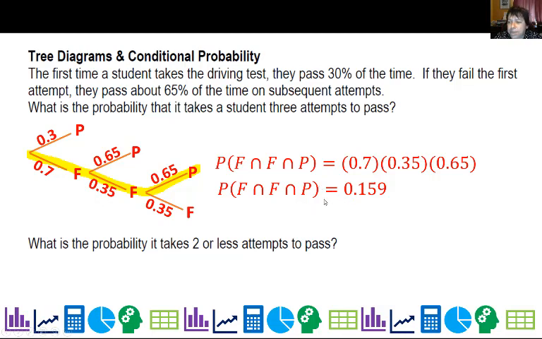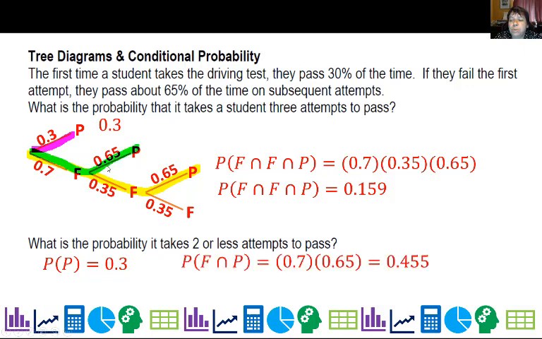What is the probability it takes 2 or less attempts to pass? Well, you could be tempted to say, oh, 1 minus 0.159, but actually the kid could have failed a 3rd time. So it's easier to just look at the case of 2 or less attempts. So it's either 1 attempt, which is this one, with probability of 0.3, or it's going to be 2 attempts, which is this one, fail then pass.